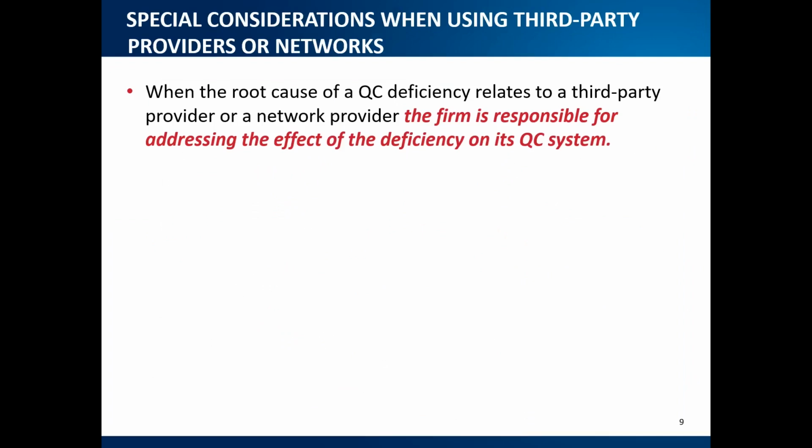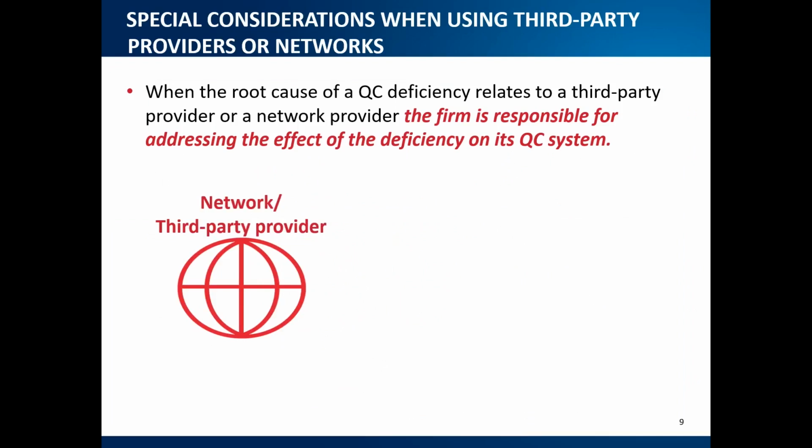Finally, if a firm belongs to a network and uses network resources or services, a root cause of a QC deficiency could be related to the network resource or service being provided. And in these cases, remedial actions taken by the firm could be coordinated with the network or designed and implemented exclusively by the firm.